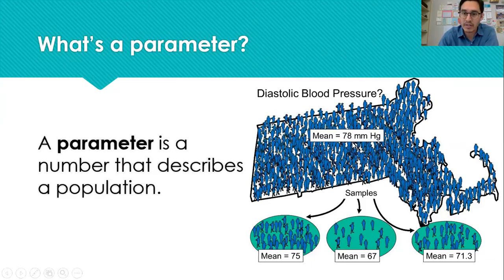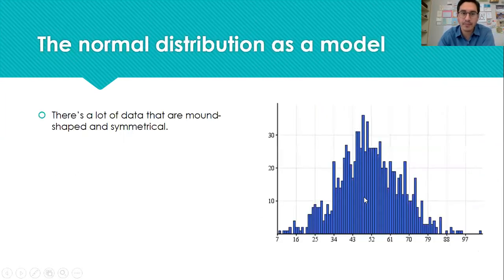So everybody in the population. So 78 is a parameter. These other numbers of 75, 67, and 71.3 are describing each of these individual samples. So those are statistics, but they're not parameters. All right, so you'll see in a minute why we need to introduce this term of a parameter.